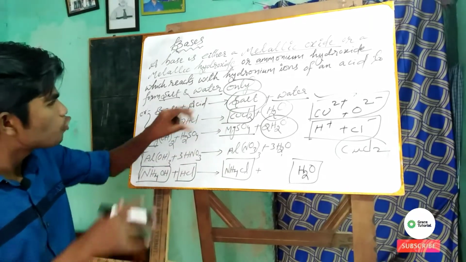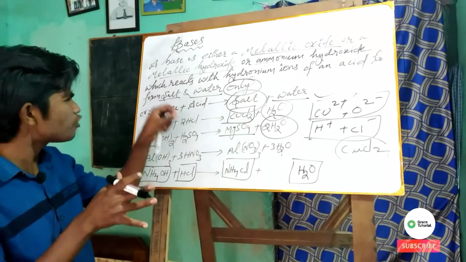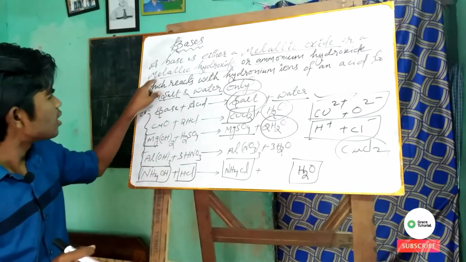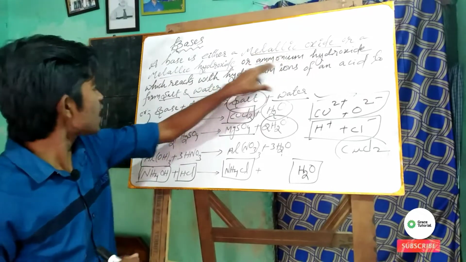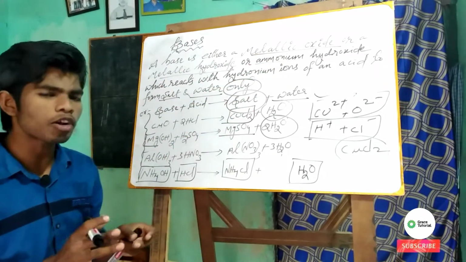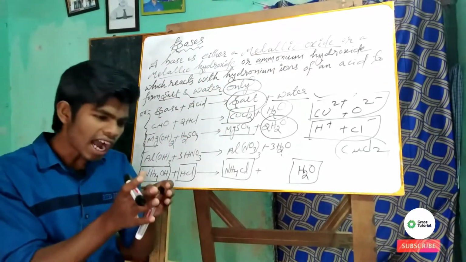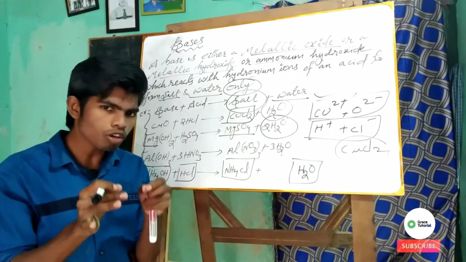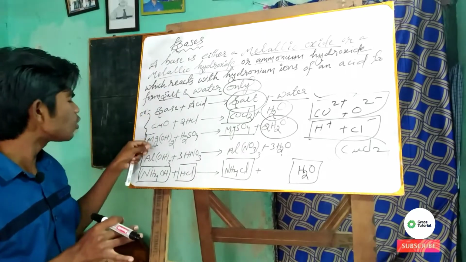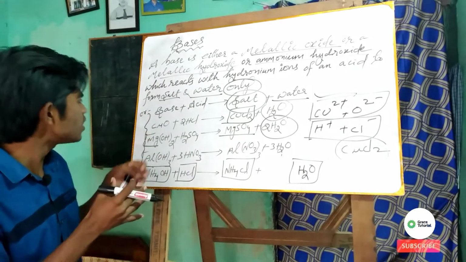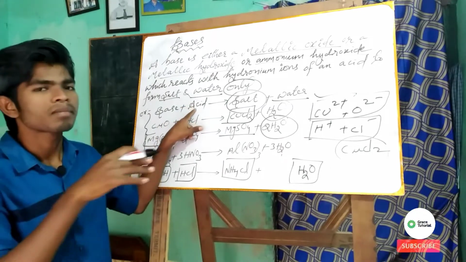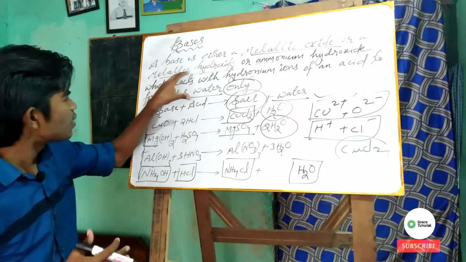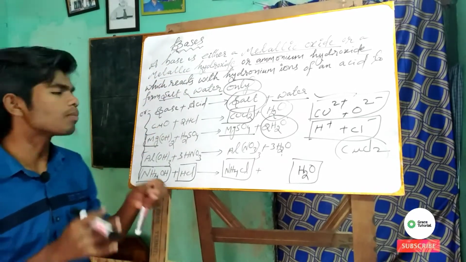So once again, if you remember the definition very clearly, it would be very clear that a base can be a metallic oxide or a metallic hydroxide or ammonium hydroxide that reacts with the hydronium ions of the acid to form the salt as well as the water. We have given various examples of the bases. Whenever a base reacts with the acid, it forms the salt as well as the water. That's all about the definition along with the examples of the bases.